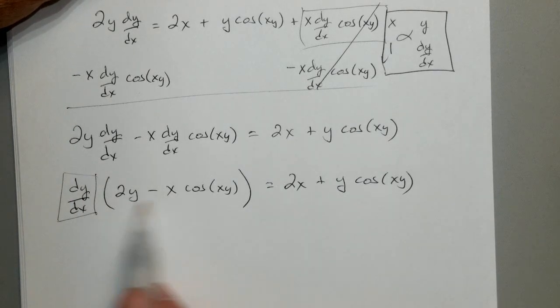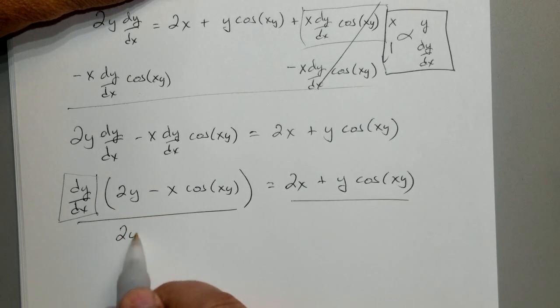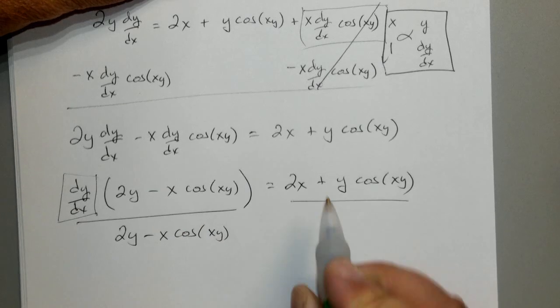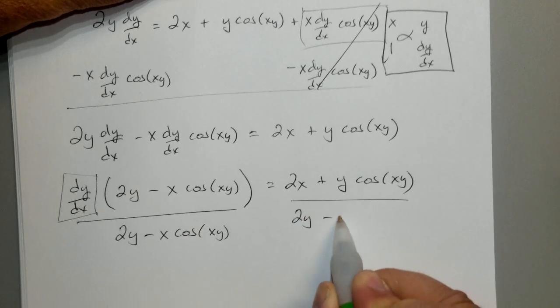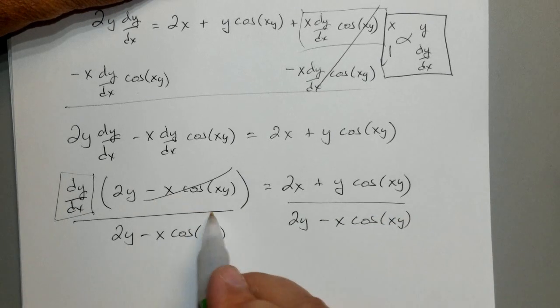We have to get rid of this. How do you get rid of that? Divide both sides by 2y minus x cosine xy.